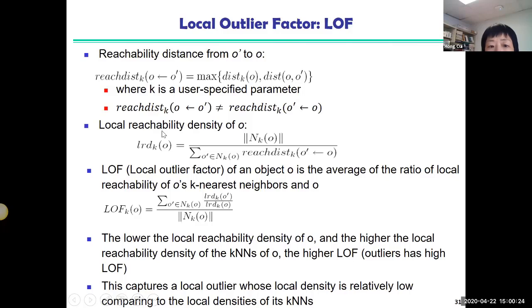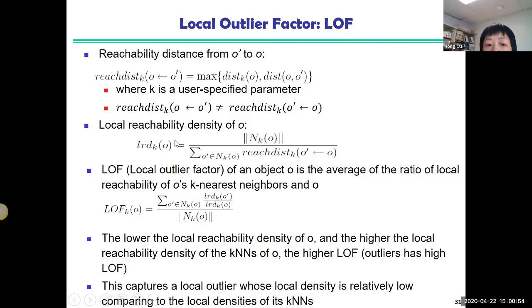Then we can define the local reachability density of O as this. If you put this score in an inverse way, it's probably going to be easier to see. This is just the sum of all the reachability distances of O to all its neighbors, normalized by the number of neighbors.